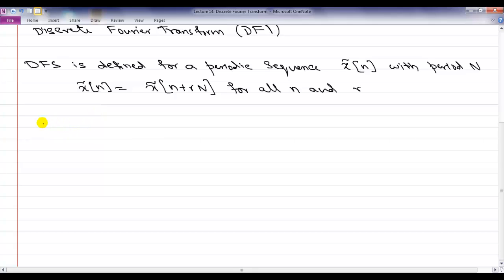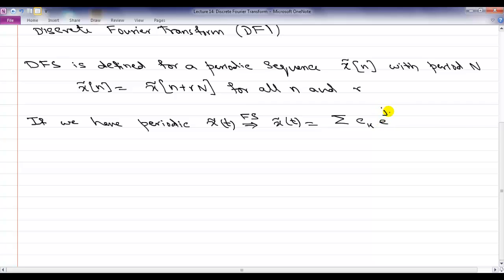So if we have, for example, a periodic x tilde(t), then the Fourier series, which we have all covered in our undergraduate, tells us that x tilde(t) is the summation of e^{j2πkt/T}, where capital T is our period, and we go from k minus infinity to infinity. And we call these the Fourier series coefficients.